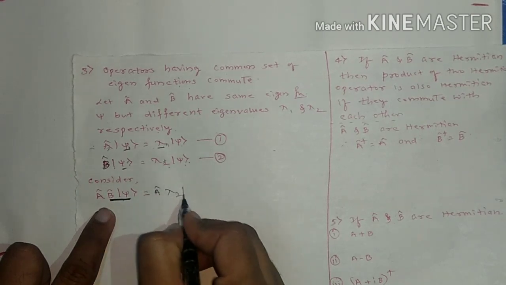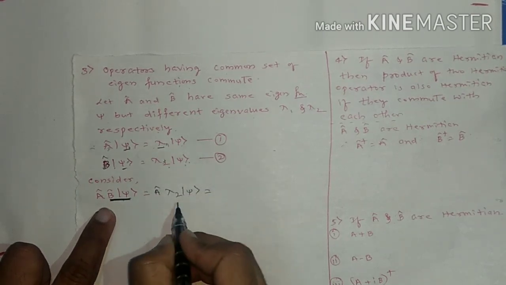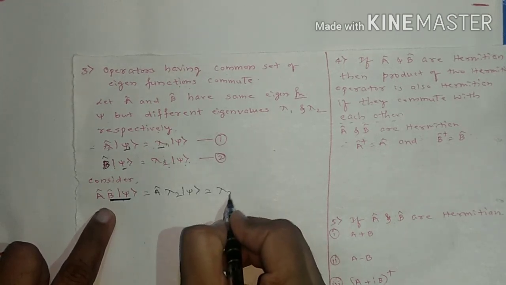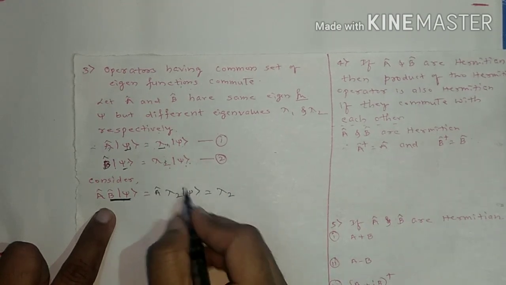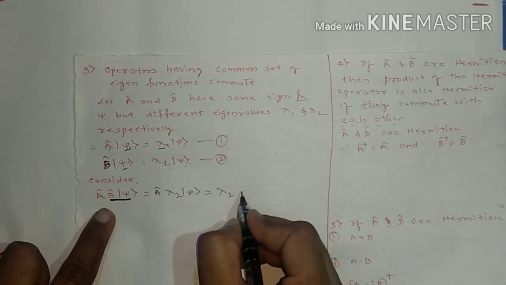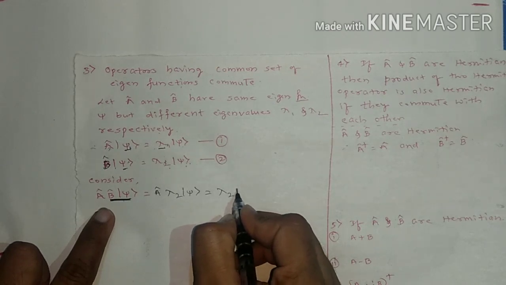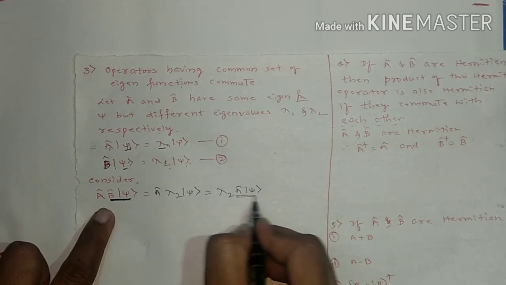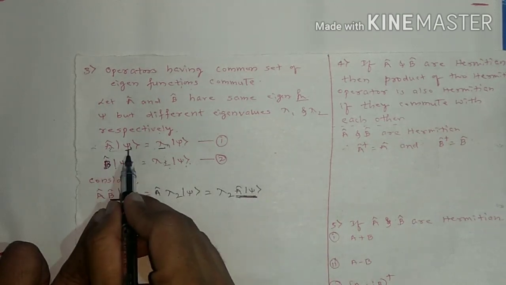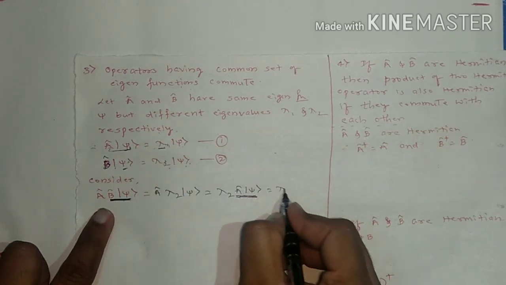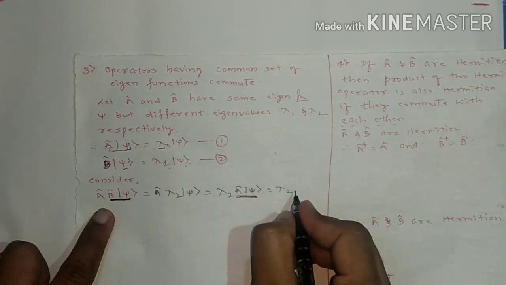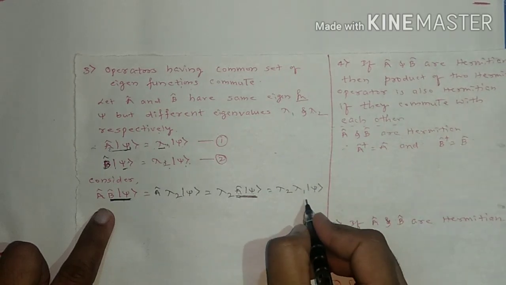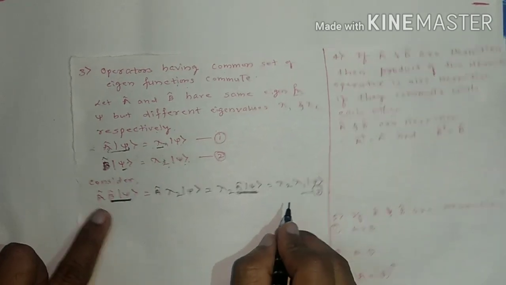Again this lambda 2 is a scalar, it is not an inner product, so it can be easily written outside. So this will become lambda 2 A psi. Now look here, A psi means this eigenvalue equation, so this will give us lambda 2 as it is, and A psi will give us lambda 1 ket psi. Let us call this equation number 3.